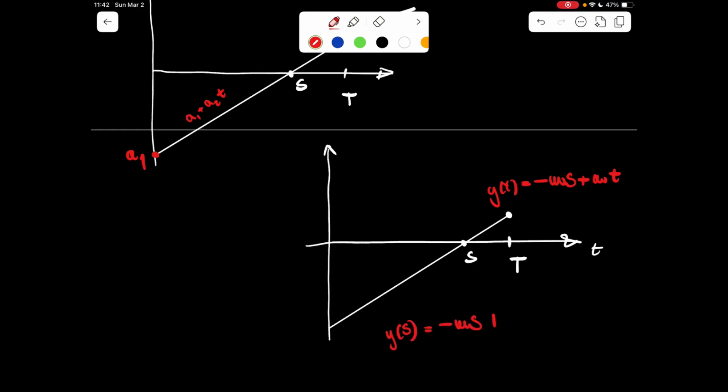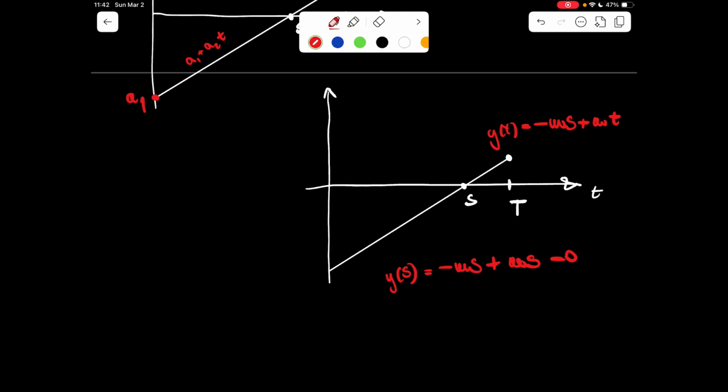Minus ms plus ms is 0, and its time differential is m. Okay, so we are looking for m and s, and we want to check if we receive the same result as we worked out previously.